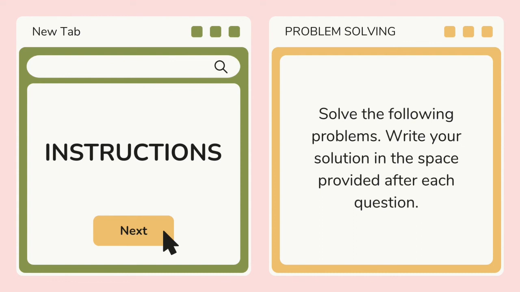All you need to do is solve the following problems. Write your solution in the space provided after each question. No need to use the GRESA format. All you need to do is write all of the solution or the steps necessary for that problem. In all, this activity is 40 points.